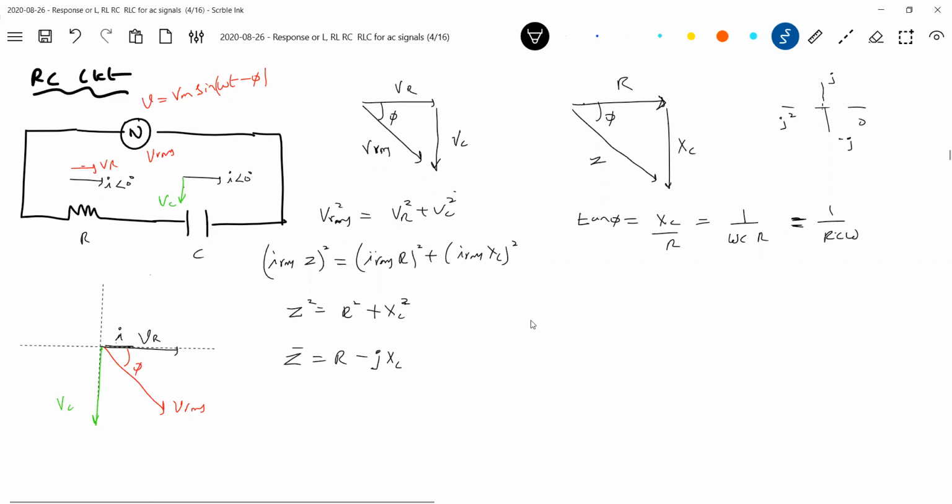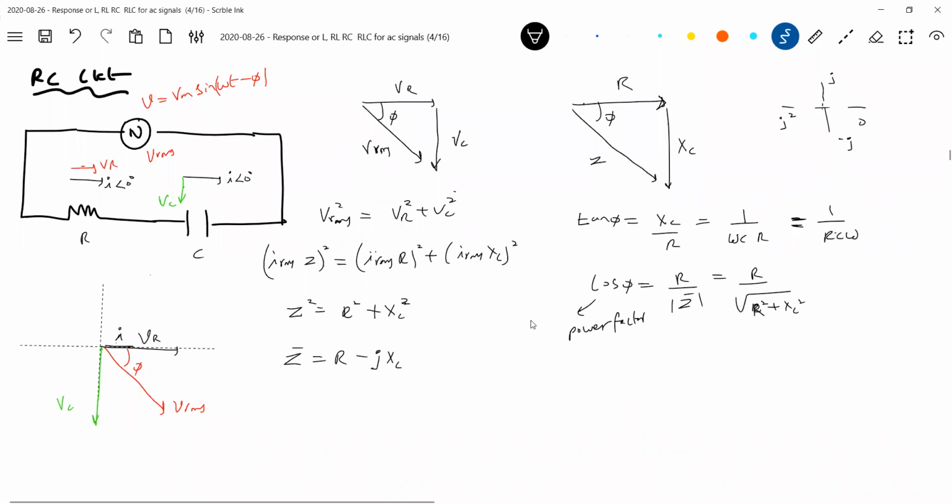Let's come to the power factor. What is power factor? R by mod of Z, which is R over the square root of R square plus XC square. I think all these formulas you have to remember. This is the power factor. Now, what about the instantaneous power?